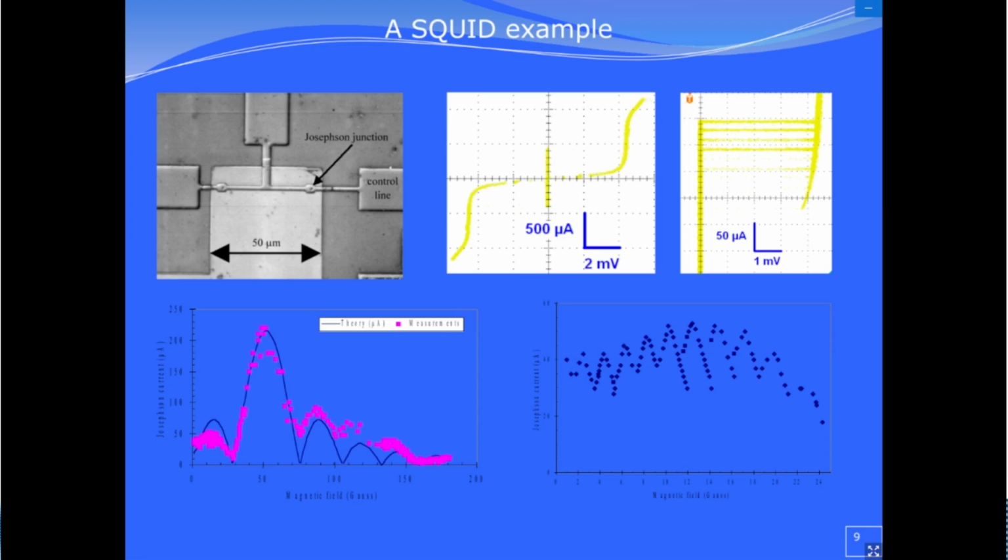SQUIDs. I'll give you an example of a SQUID that we measured a long time ago, and I like to show it because we see a lot of things in it. It's a very simple SQUID with two niobium junctions. You see two niobium ground planes, say. You have an insulator that you don't see, it's transparent, and you have two junctions.